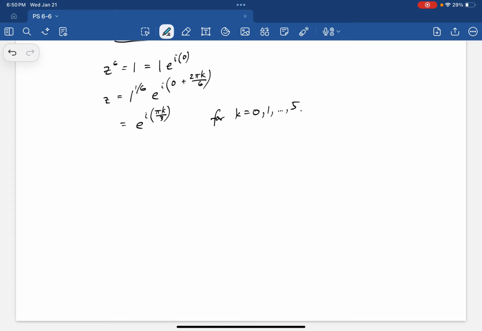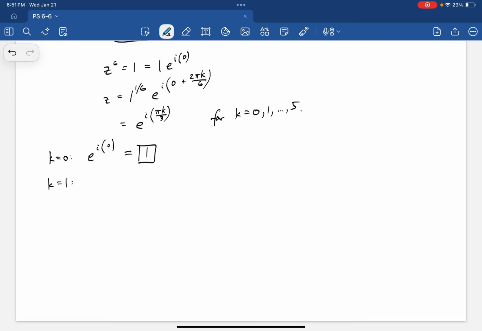So yes, we do need standard form. So let's do the first solution. When k equals 0, we have e to the power of i times 0, obviously. So that's just 1.